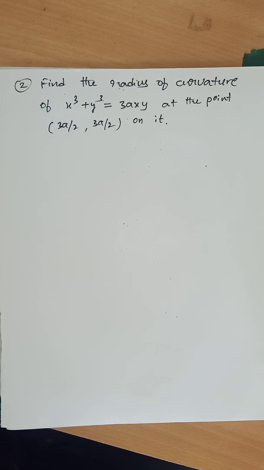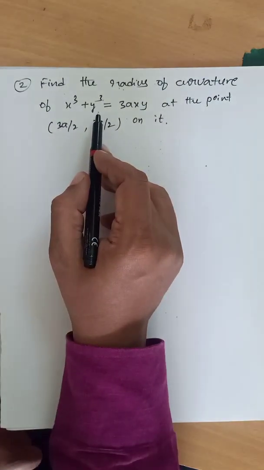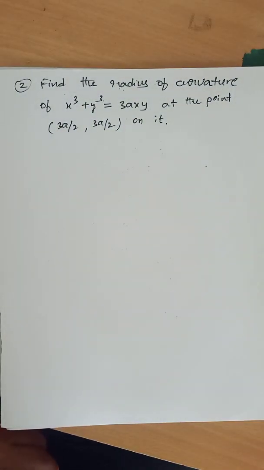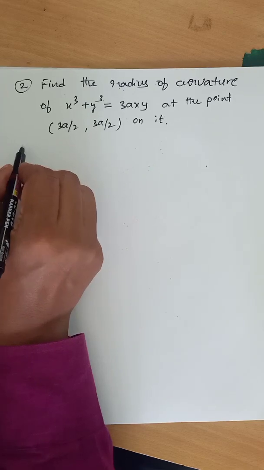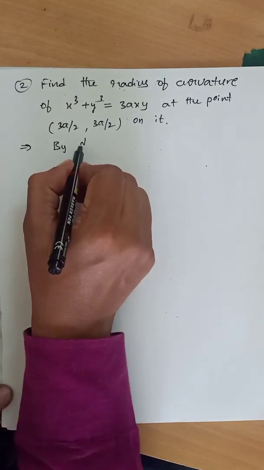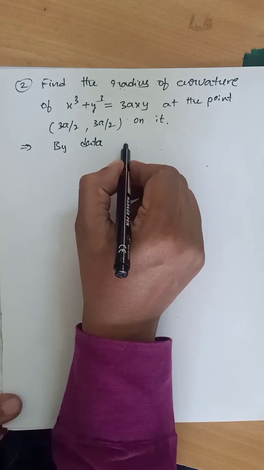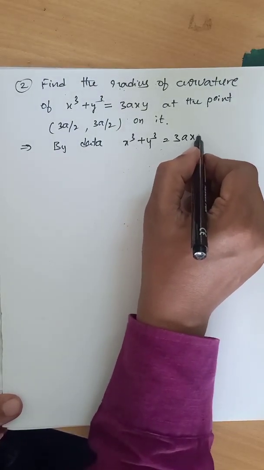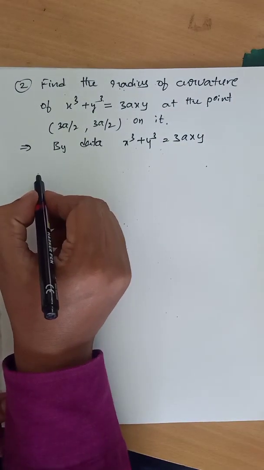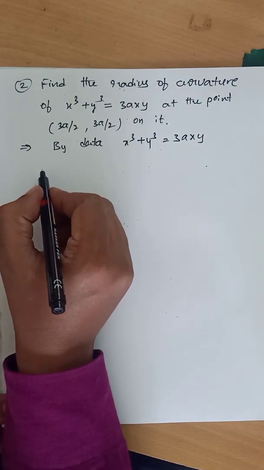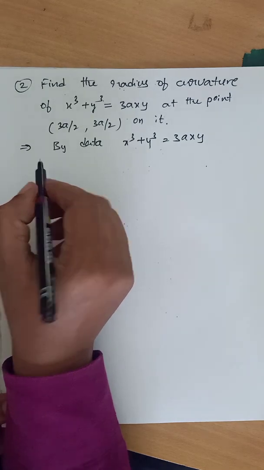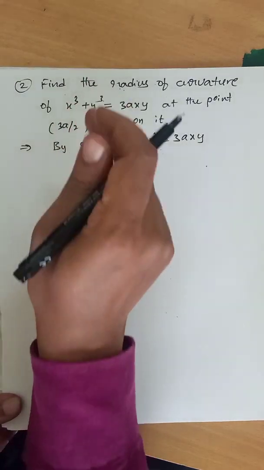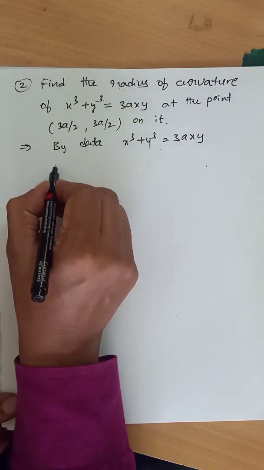We can easily recognize the given equation of the curve is Cartesian form because x and y are there. Solution. By data, x cube plus y cube is equal to 3axy. See, we want first derivative and second derivative as in the formula, that is why we differentiate the given equation with respect to x.